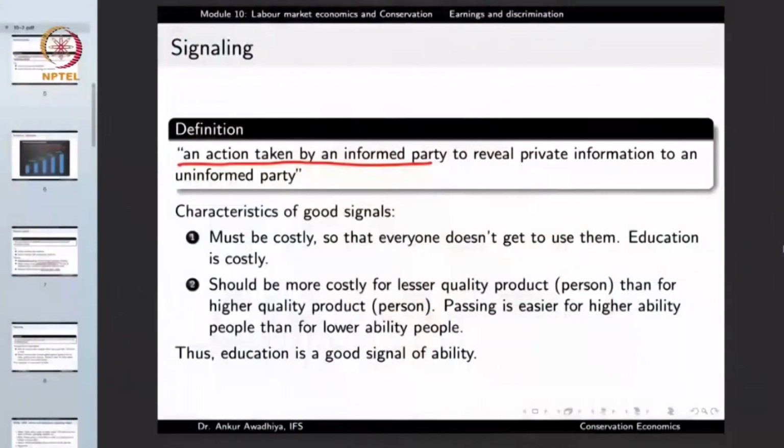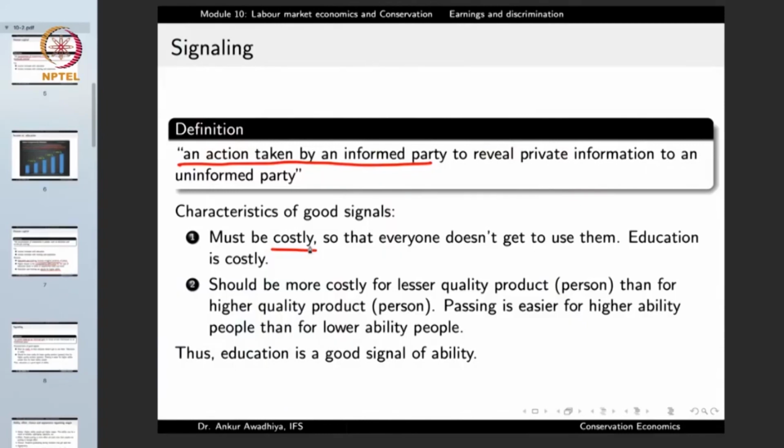Whereas in the case of education, it is extremely costly, both in terms of money for fees, in terms of opportunity cost that somebody has to give up, and also in terms of the time that one has to put in. So signaling will only work when it is costly so that everyone doesn't get to use them, and education is costly.